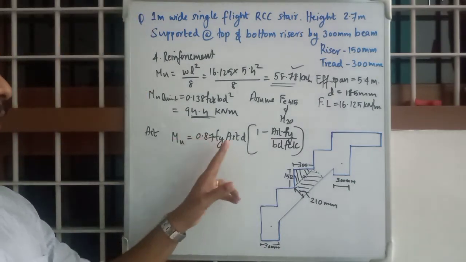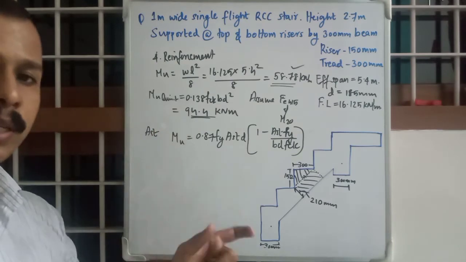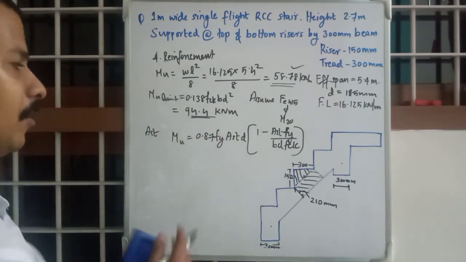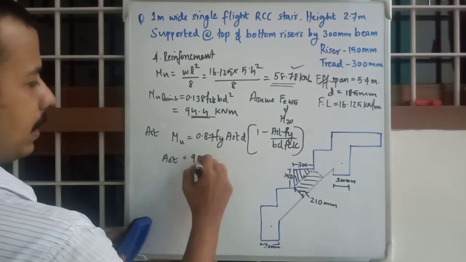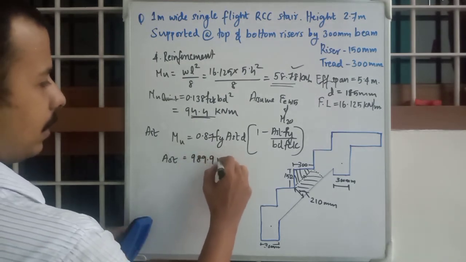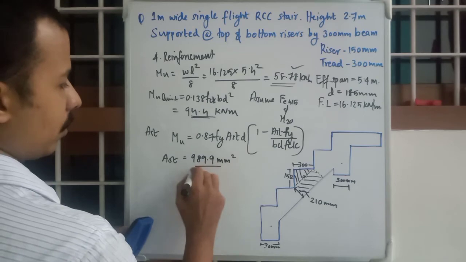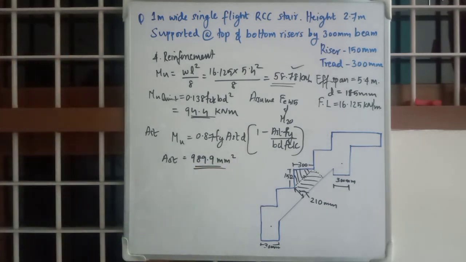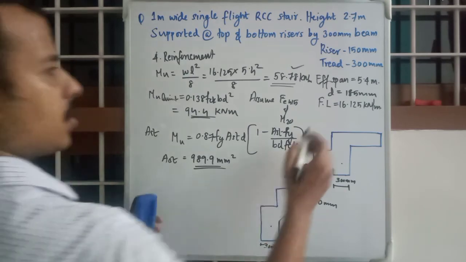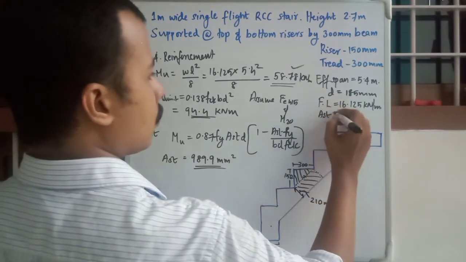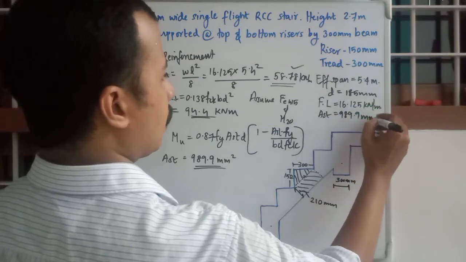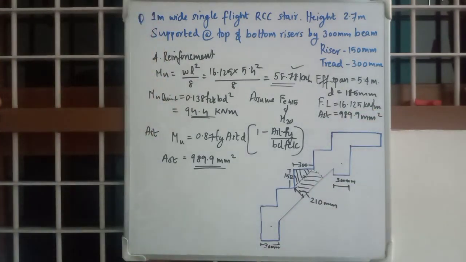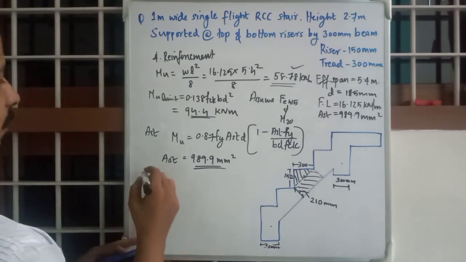You substitute all the values except Ast. You will be getting a second-degree quadratic equation in Ast. You will get Ast from the calculator as 989.9 millimeter square.